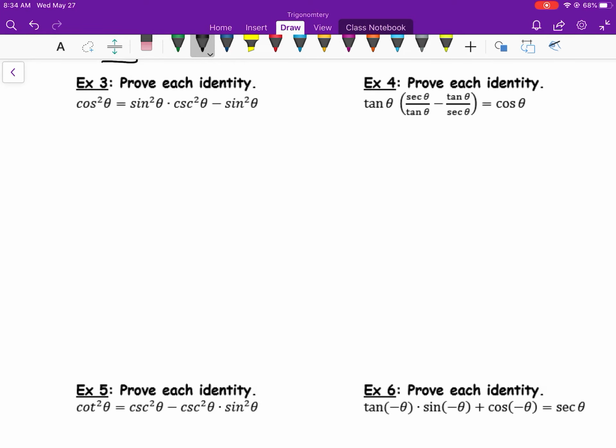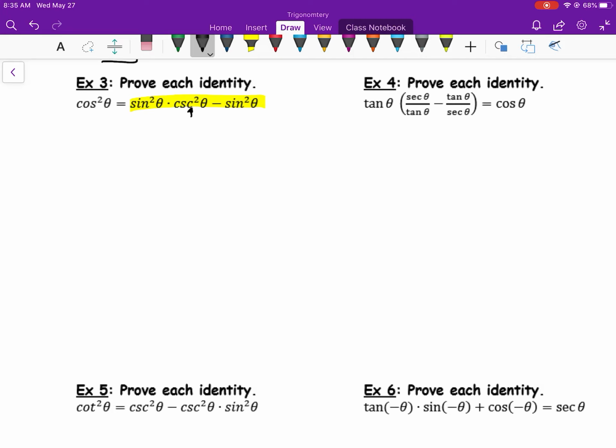Example 3. Cosine squared of theta is equal to sine squared theta times cosecant squared theta minus sine squared theta. I am going to work with this right-hand side because it's all crazy looking. Let me get my notes so I don't screw up.